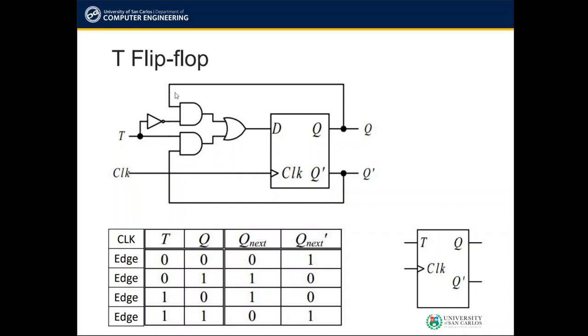That's why the name of your flip-flop is T, because it toggles the status of your flip-flop. Again, the characteristic for the T flip-flop is hold if the T value is 0, and it toggles if the T value is 1.